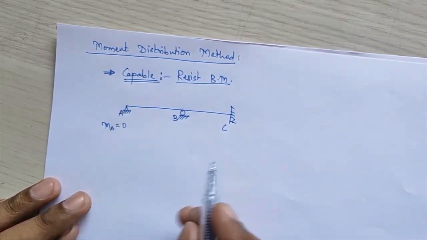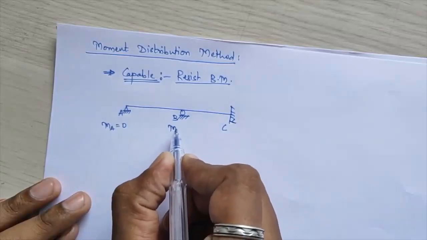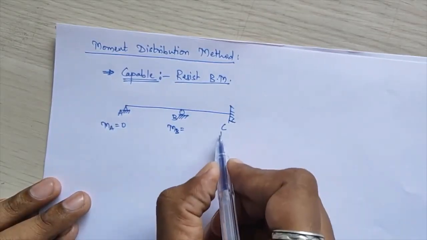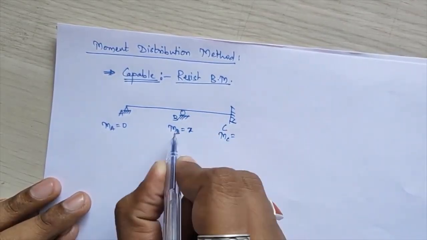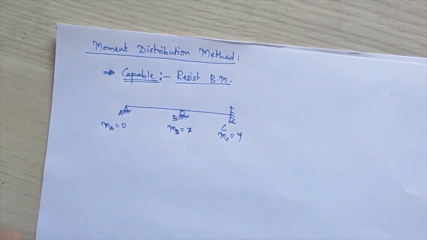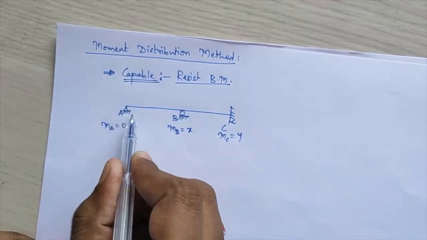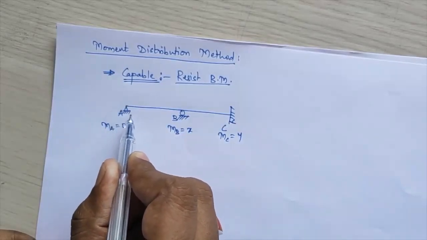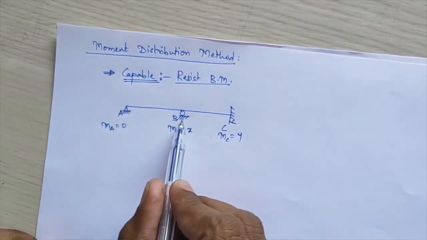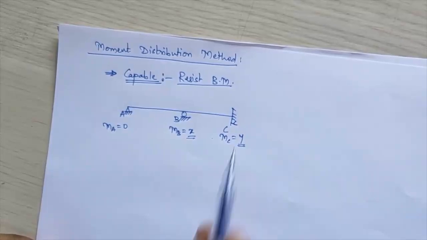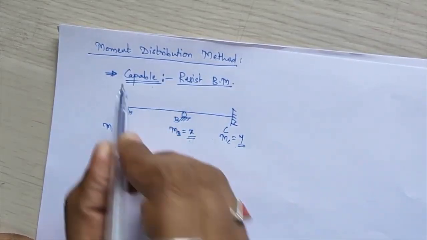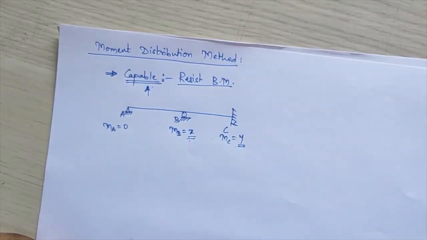Some moment will come at joint B and some moment at joint C. Suppose the moment at B is X and the moment at C is Y. That means support A is not able to resist the bending moment, while supports B and C are resisting some amount of moment. So these two types of supports will be classified as capable supports.